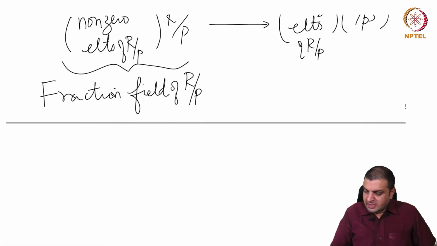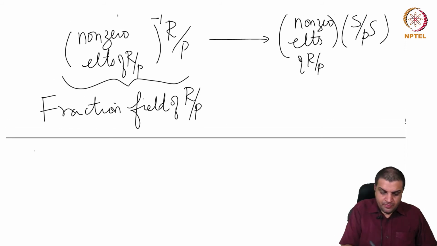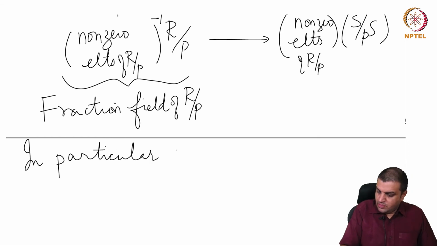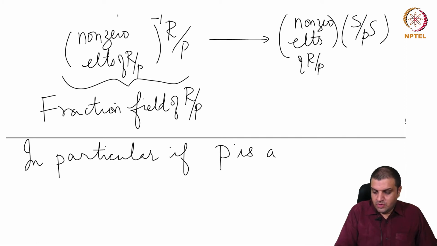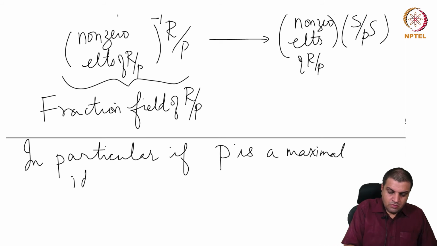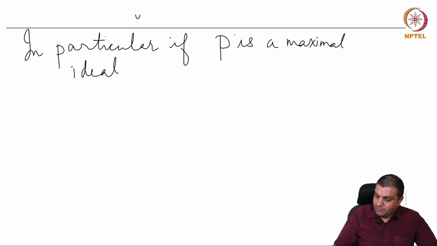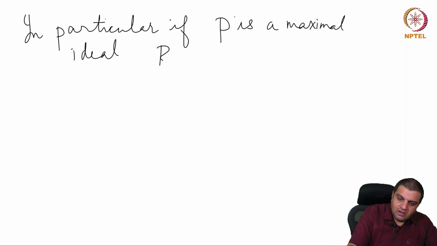So in particular, if P is a maximal ideal, we don't need to invert non-zero elements of R mod P. R mod P is already a field.